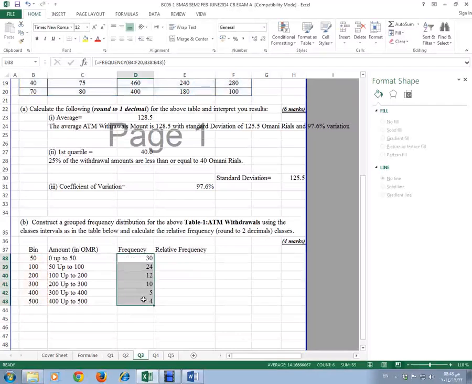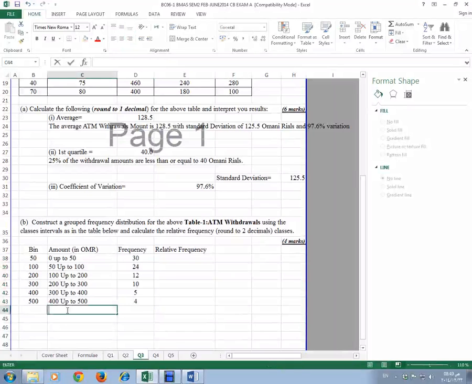Then it will calculate the whole frequency for all classes in one step. Again, highlight the frequency area, write frequency, select the data, comma, then highlight the bin, and after that control and shift with one hand and press enter with the other.